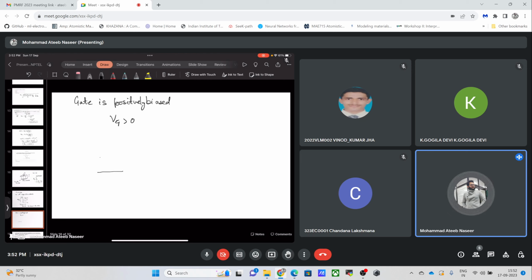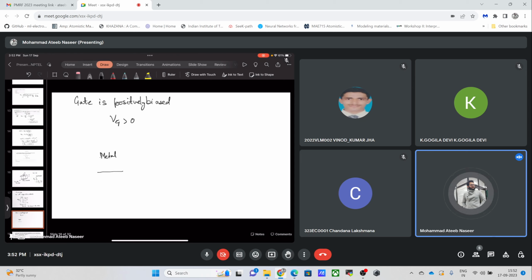So if this is our metal side and I am applying a positive Vg, since the energy is related to the applied bias by minus E equal to minus QV, the metal side Fermi level will be lower with respect to the Fermi level of the semiconductor side.